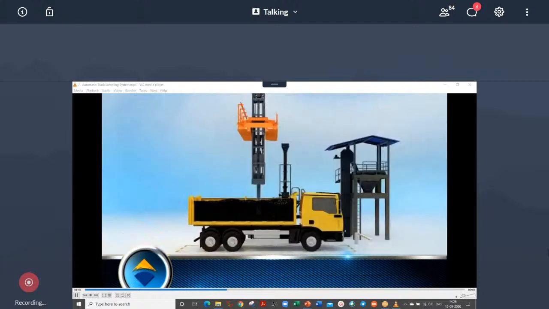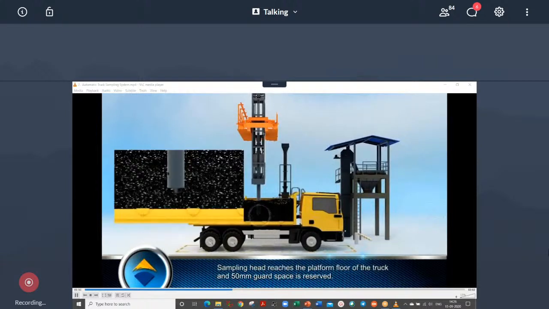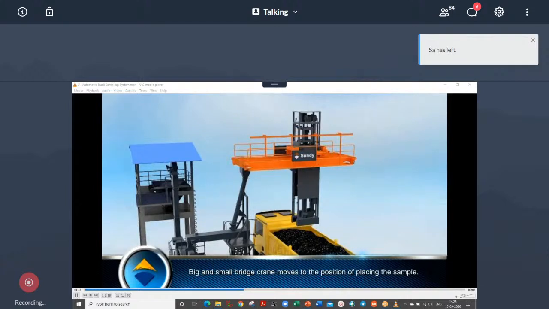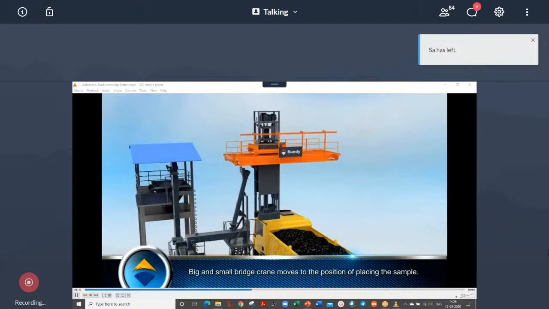And then releases the sample into a chute, from where it goes into the automatic sample preparation area.